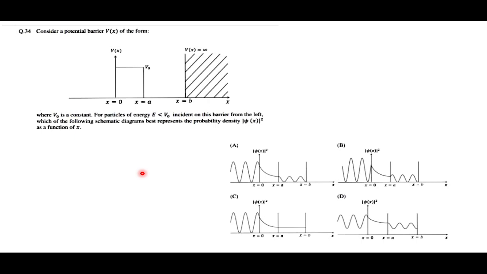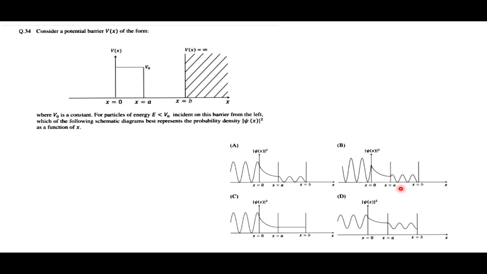Okay, so can anyone say which two options cannot happen in this case? First, cut out the options which are not possible here. C is not possible for sure, right? Sir, B is also not possible. Why?